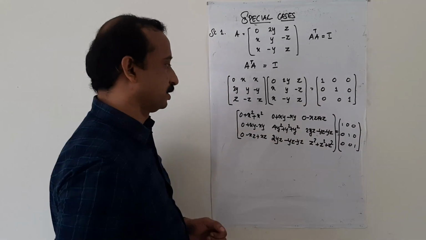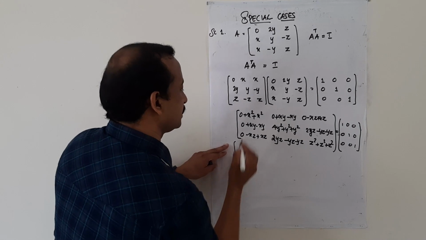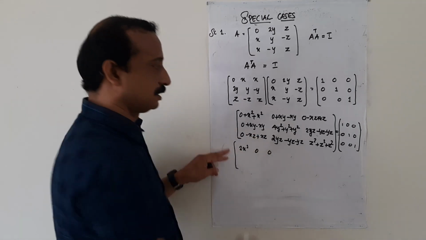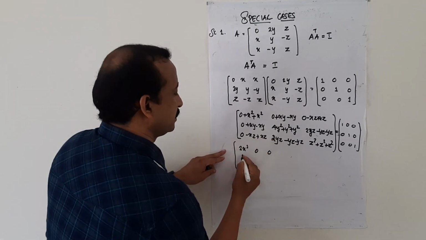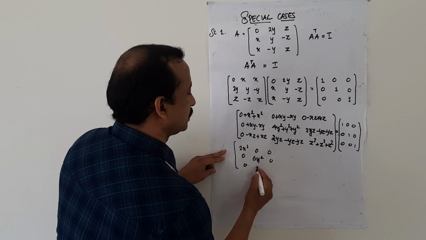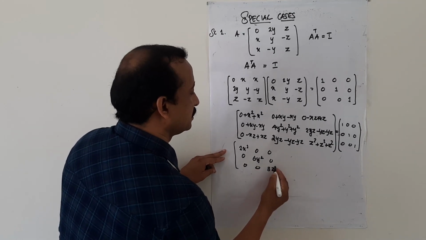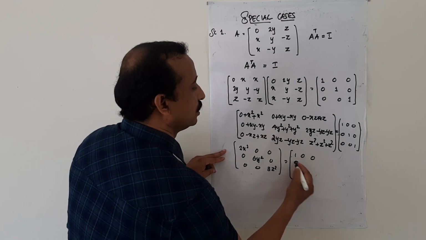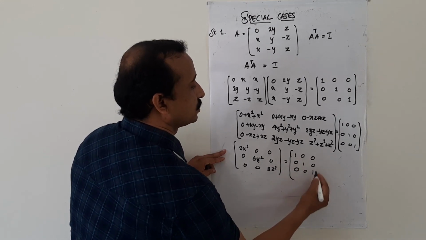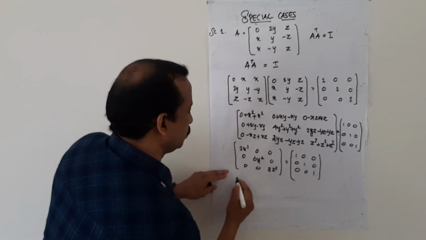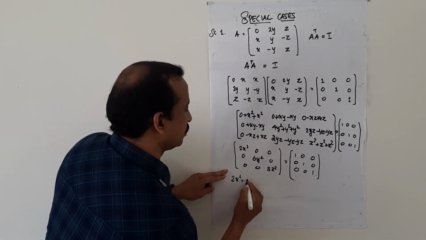Now equating corresponding terms here, you will get x square plus x square is 2x square, then 0, 0. Then xy minus xy is 0, 6y square, 0, 0, 0 and 3z square is equal to the identity matrix 1 0 0, 0 1 0, 0 0 1. Now we are getting corresponding terms, that is 2x square is equal to 1.